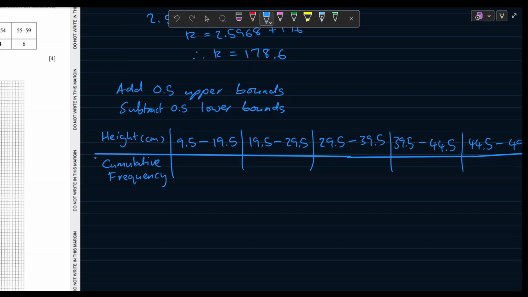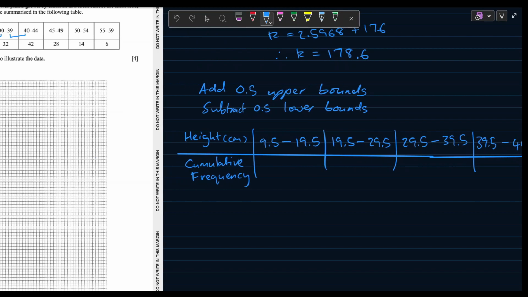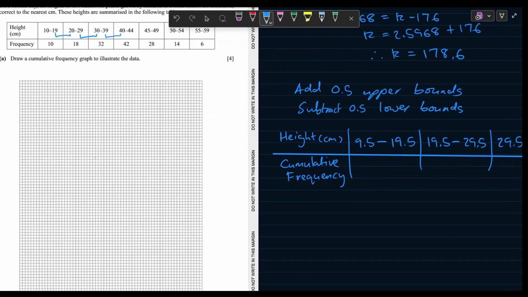For each class, cumulative frequency is the frequencies of all the previous classes plus the frequency of the present class. So for the first class, its cumulative frequency is just going to be its own frequency, so it's just going to be 10. The cumulative frequency of the second class is the frequency of the first class plus its own frequency. So it's 10 plus 18, which is 28.